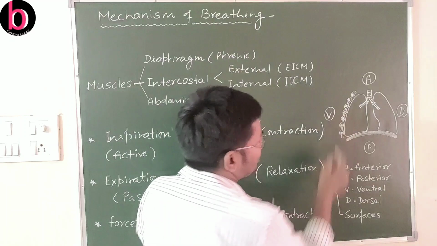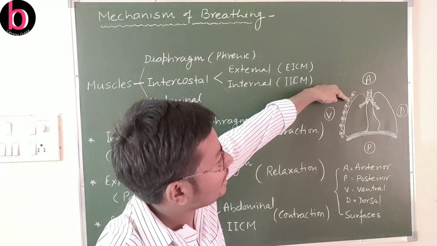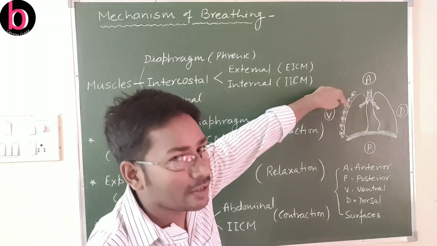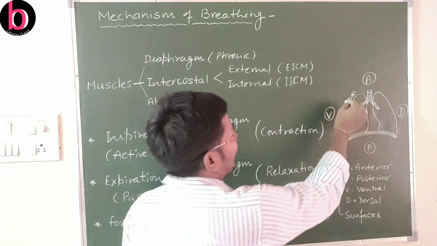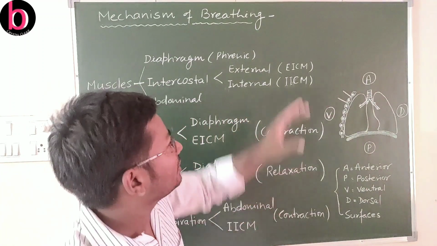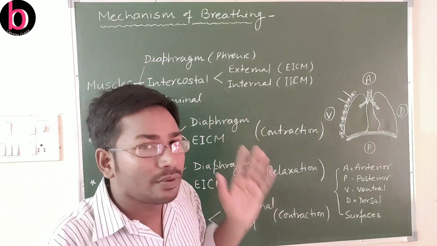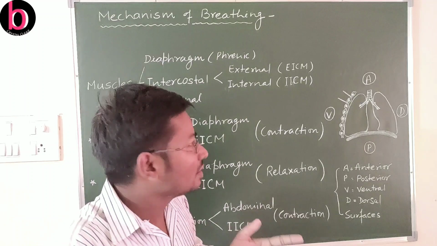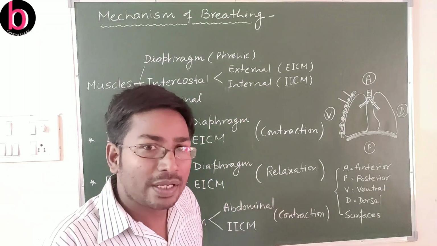Here these are ribs, like this one, another one, third one, fourth one. In between the ribs, at these sides, there is presence of these muscles. The number of ribs on each side of the lung is 12, or in total 12 pairs.